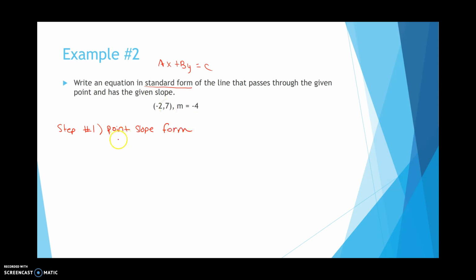Again, the point-slope form is y minus y1 equals m times x minus x1.